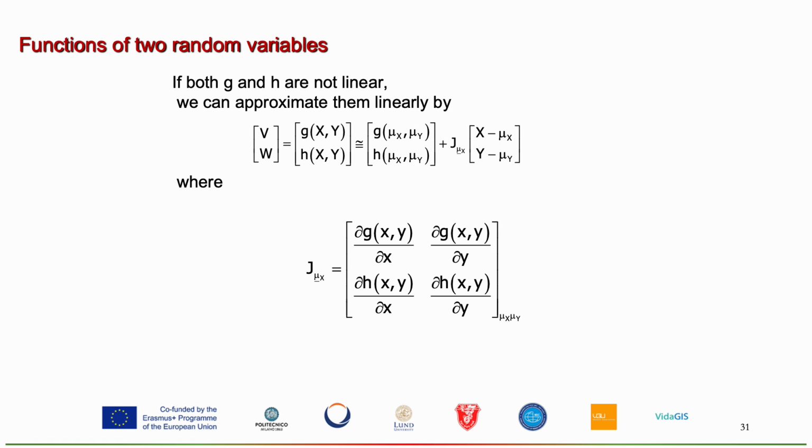So the first line contains in some way the linearization for v. In the second row, you have the derivative of h with respect to x, and finally the derivative of h with respect to y. All these derivatives are evaluated in the mean value of x and y.